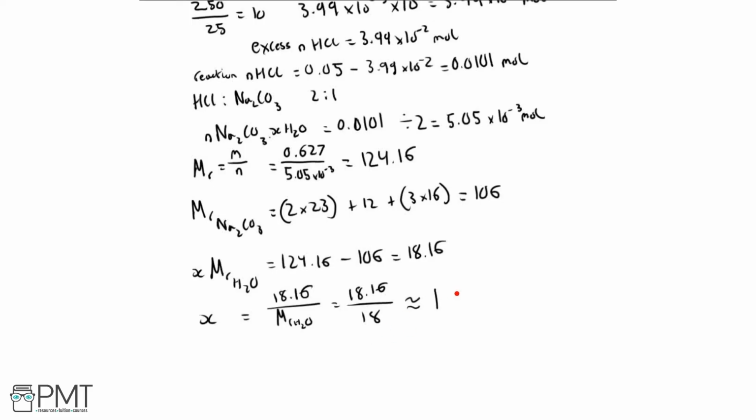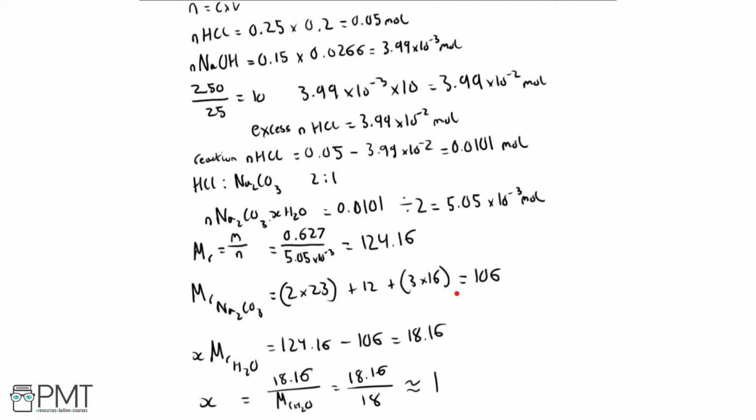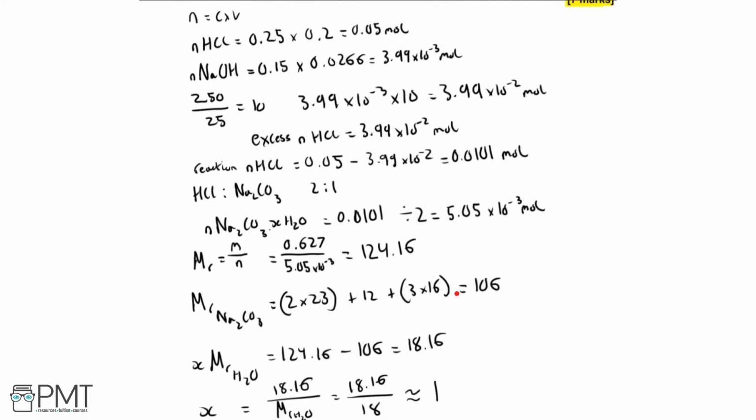However, the remaining 6 will come from the working, so let's identify where they all come from. First of all, our first mark for the working is coming from converting both the hydrochloric acid and sodium hydroxide into moles. The second mark is then coming from calculating the total moles of excess hydrochloric acid, with that 3.99 times 10 to the minus 2.